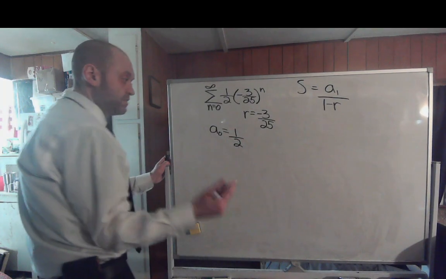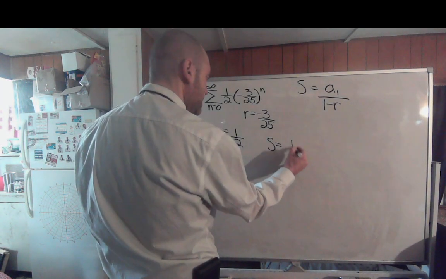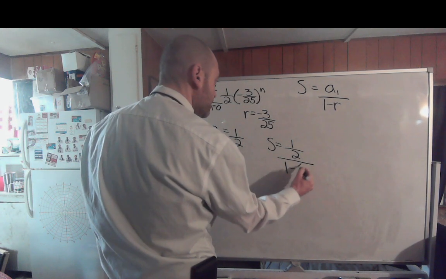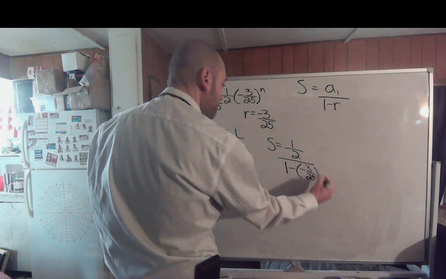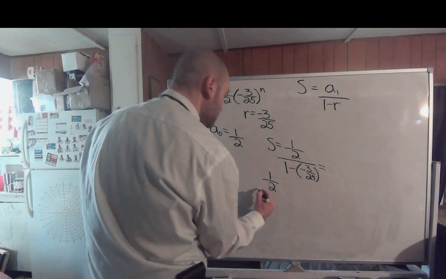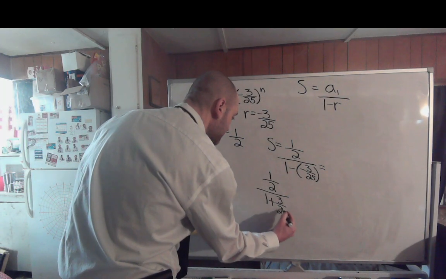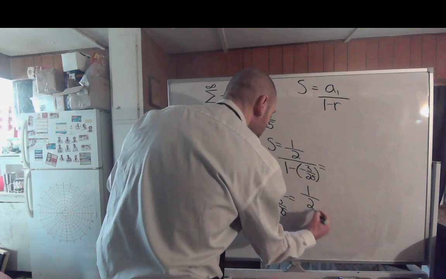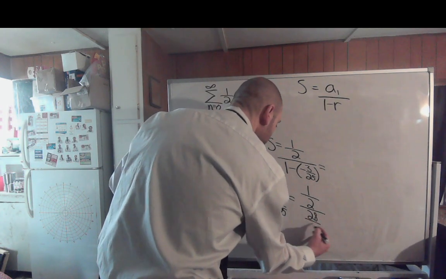So now we can find the sum. Put in that a sub 0 in the numerator. That would be 1/2 all over 1 minus your common ratio of negative 3/25. So that's going to equal 1/2 all over 1 plus 3/25, which would equal 1/2 all over 28/25.